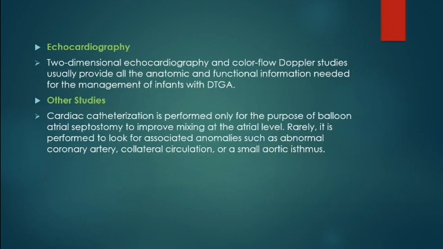Echocardiography will show the characteristic features of the D-TGA. Cardiac catheterization may be needed for balloon atrial septostomy to improve the mixing at the atrial level. It's rarely performed to show associated anomalies like coronary artery anomalies or collateral circulation or small aortic isthmus or coarctation.